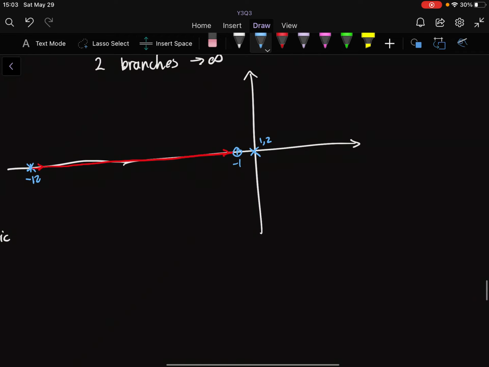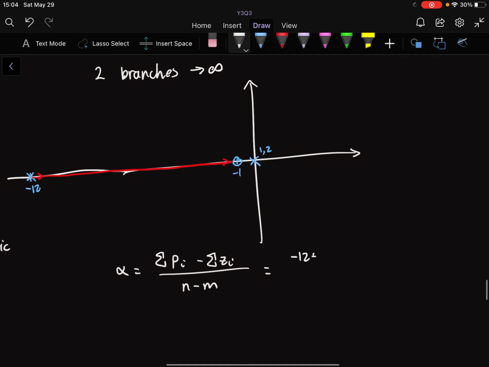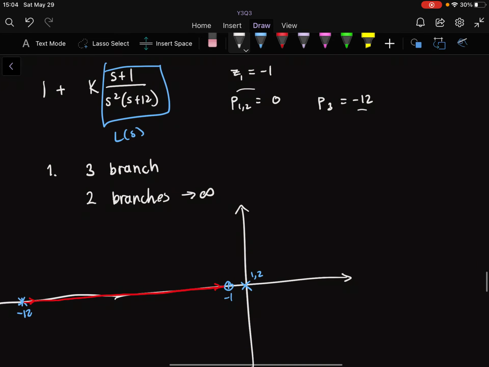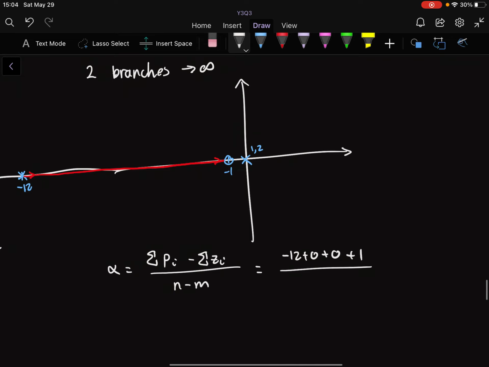So now we need to calculate where our asymptotes are going to go. So alpha is the sum of your poles minus the sum of your zeros divided by n minus m, which in this case is -12 plus 0 plus 0 minus a -1, so it's a +1 because our zeros and our poles are negative, and we'll divide that by 2.